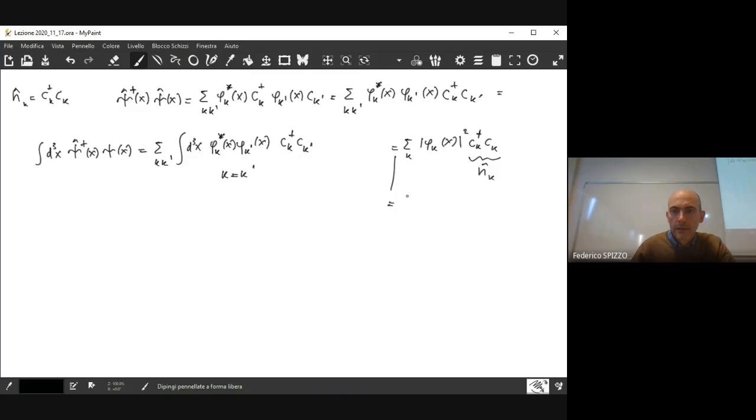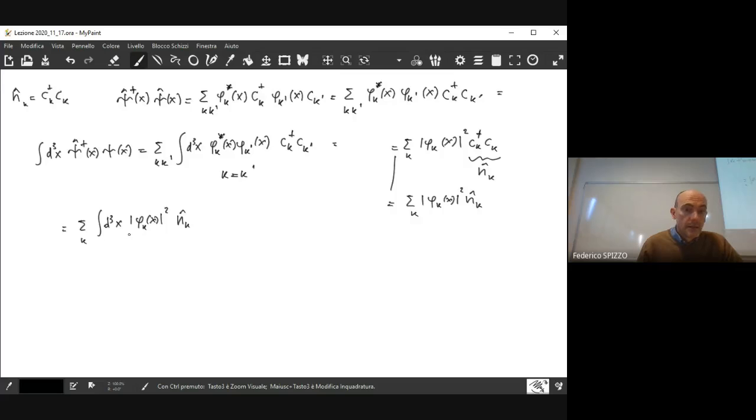So we may rewrite that as sum over k of the square modulus of phi k x times the number of particle operator. And in this case, if we now go on with the evaluation of the integral, we have the summation over k of d3x, then we have the square modulus of this wave function, and then we have the number of particle operator.